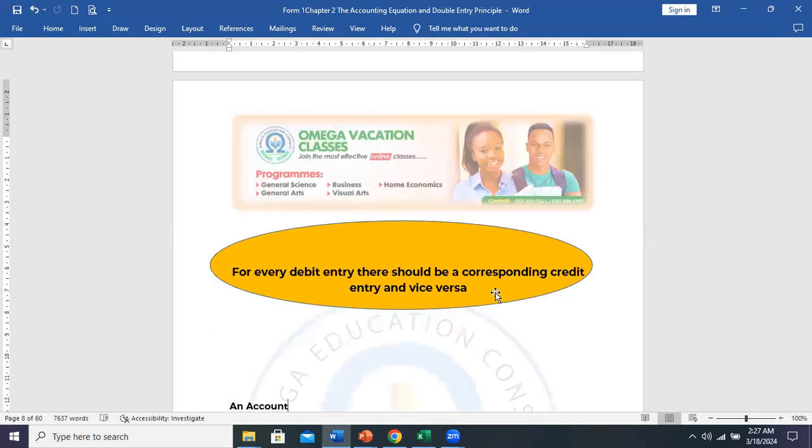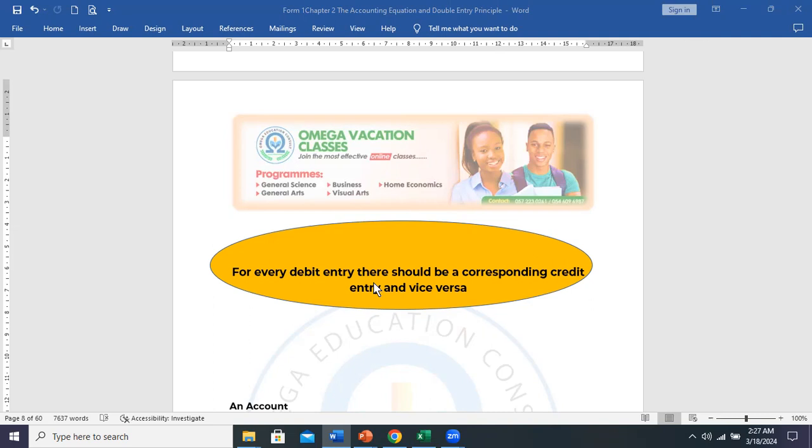The principle states that for every debit entry, there should be a corresponding credit entry and vice versa. Vice versa here means that for any credit entry, there should be a corresponding debit entry. This is the principle.